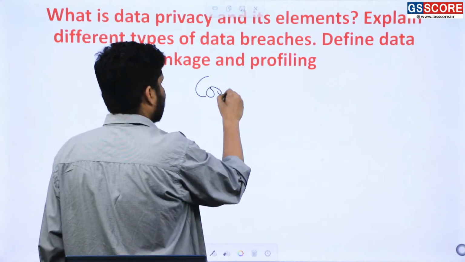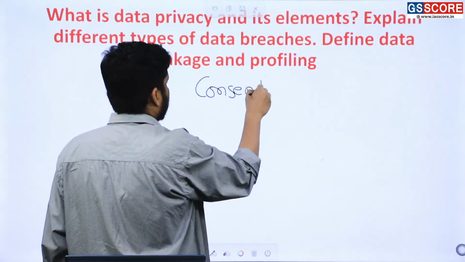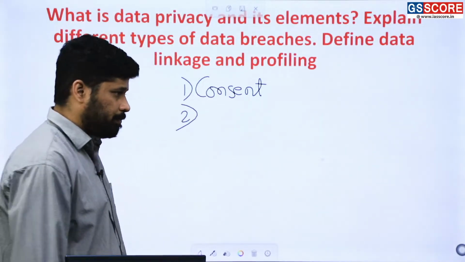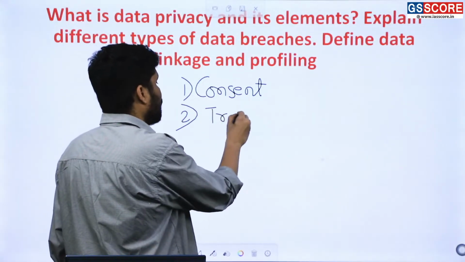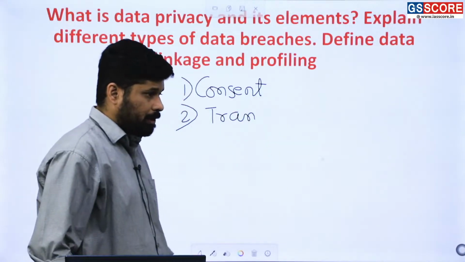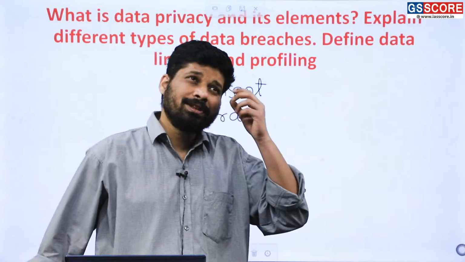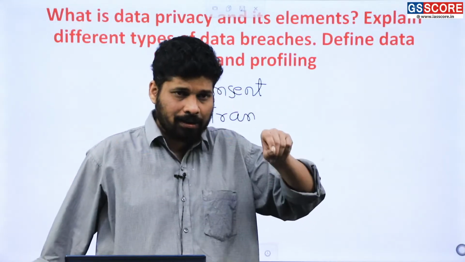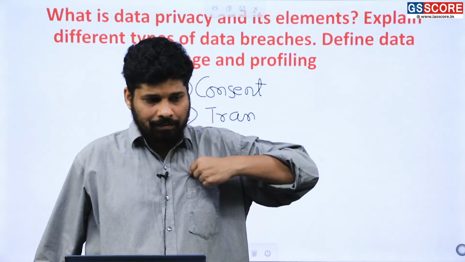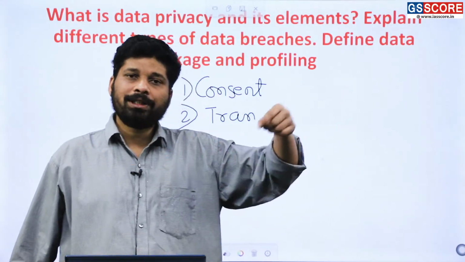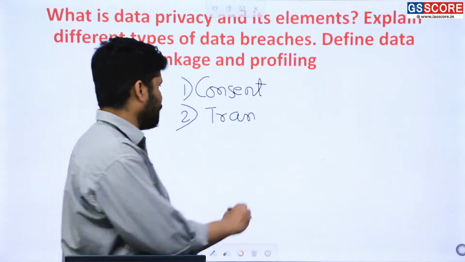There has to be consent with respect to use of that data. Second, there has to be transparency when it comes to use of that data. There has to be transparency with the way in which consent is taken, and with respect to how or whether the data is communicated or shared on the basis of the consent taken.